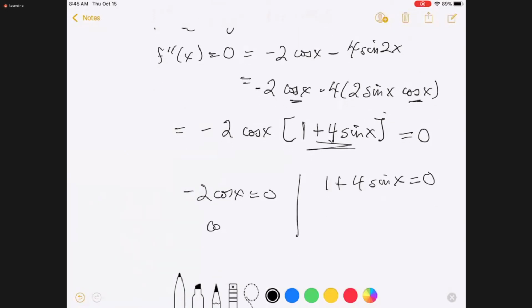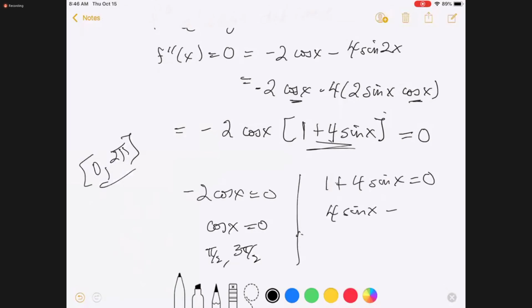Cosine x is 0 at pi over 2 and 3 pi over 2, still looking at this one period, 0 to 2 pi. And the other one says that sine of x is minus 1/4.